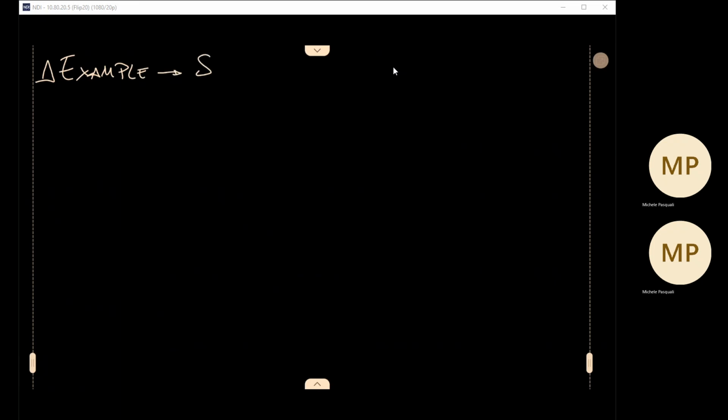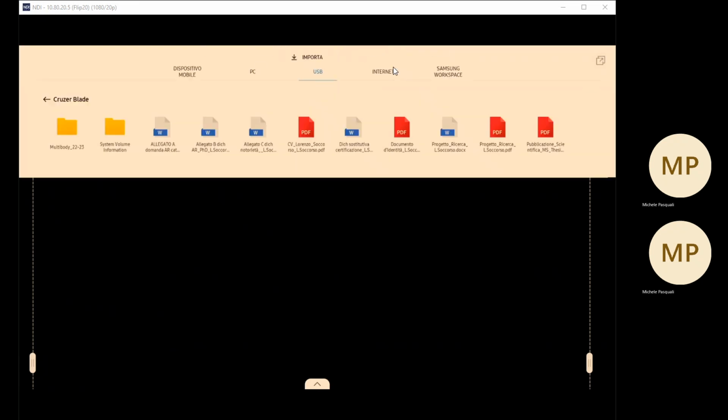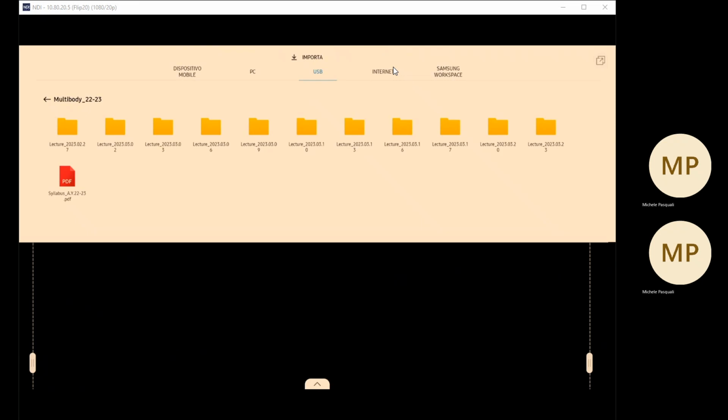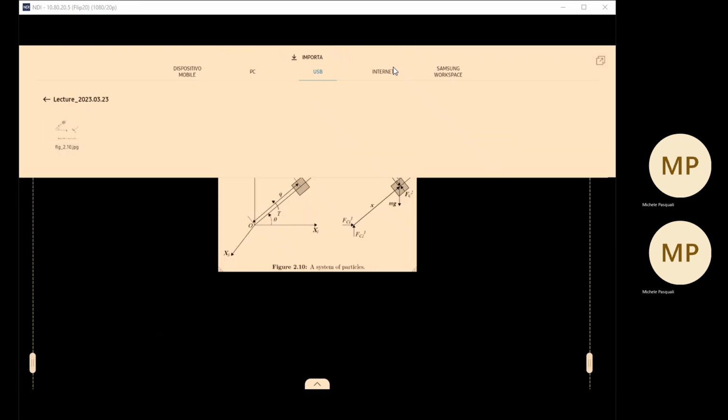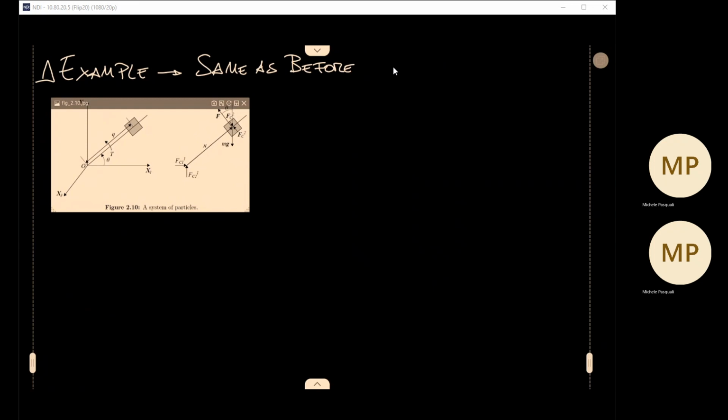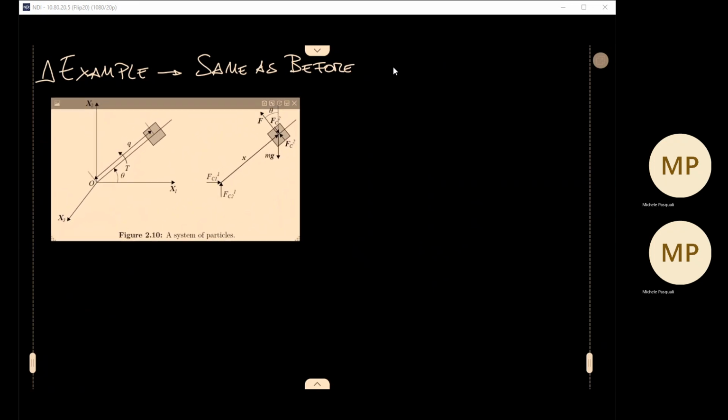Same as the previous example. You always have this exercise, always the same system. So in this case, it is useful to write the position P of the particle, and P dot, the velocity, which we already have written as theta dot.